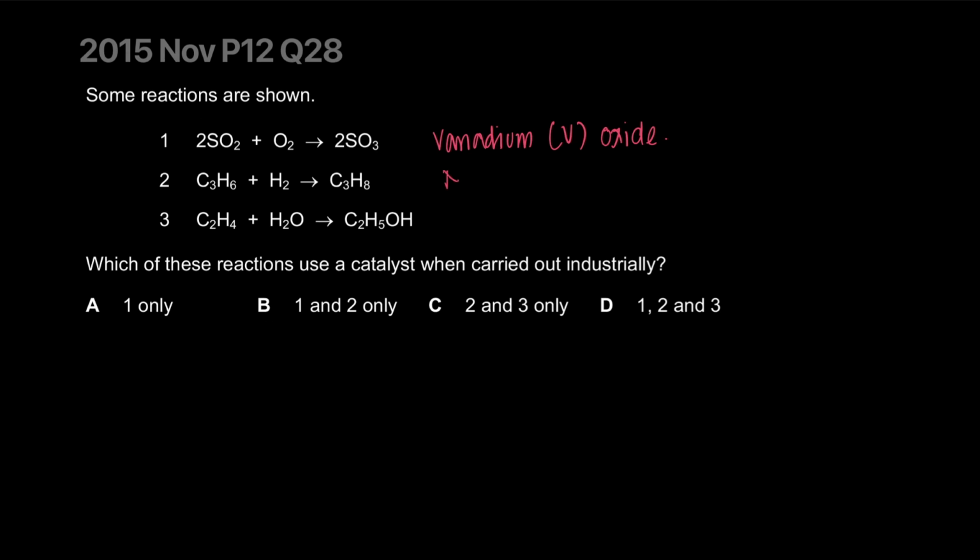Over here you use nickel as a catalyst. And over here, this is ethene reacting with water, turning into alcohol. So I believe you use phosphoric acid over here, H3PO4, as a catalyst. So all three require catalysts. So D is the correct answer.